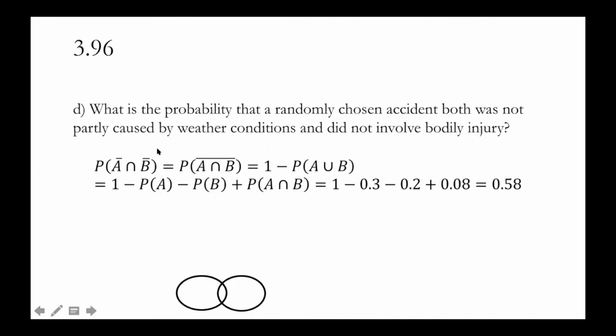And to calculate the union, you use this formula: the union is equal to the probability of a specific event plus the probability of this other event minus the intersection of these two events. And you should end up with 58%. This will be the probability that a randomly chosen accident was not partly caused by weather conditions and did not involve bodily injury.